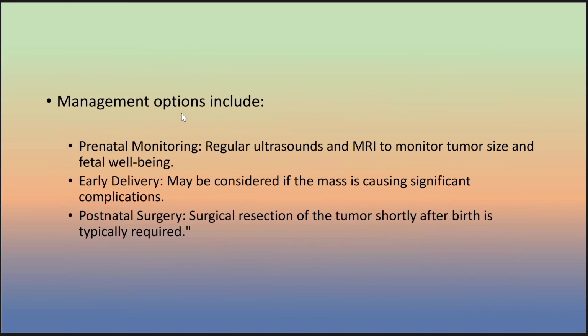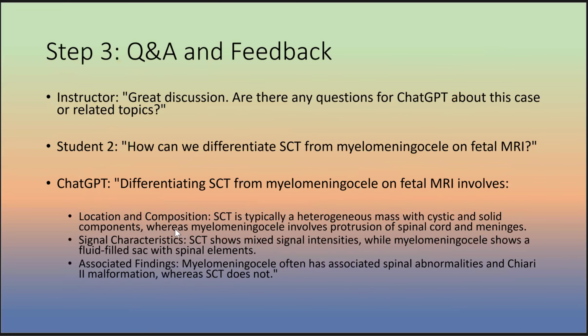Management options include prenatal monitoring, with regular ultrasound and MRI to monitor the tumor size and fetal well-being. Early delivery may be considered if the mass is causing significant complications. Postnatal surgical resection of the tumor shortly after birth is typically required.